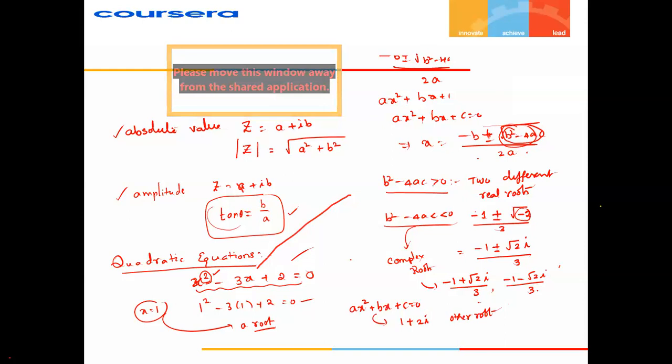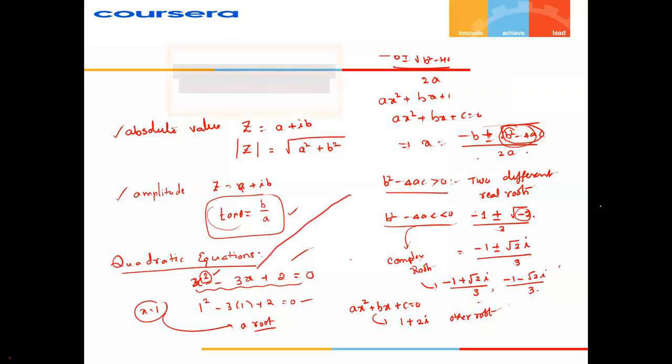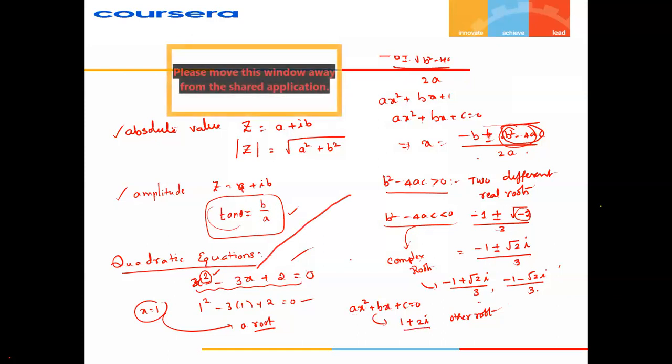You generally think, sir, please give a value, b value, c value, I will substitute. But no, we don't have any abc values. We know that whenever a quadratic has complex roots, they are conjugates. So 1 + 2i is one root, then immediately we say 1 - 2i is the other. Right? So this is the trick here.